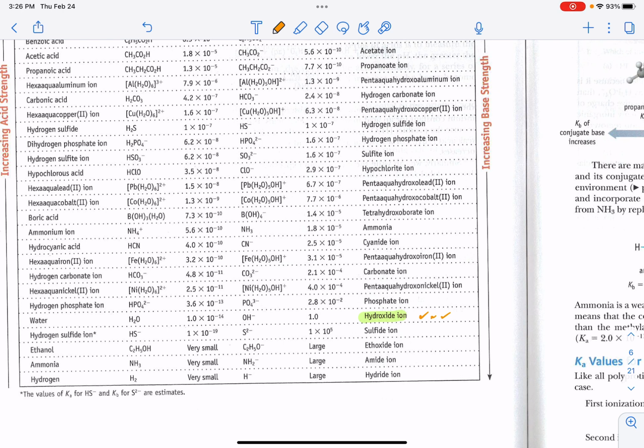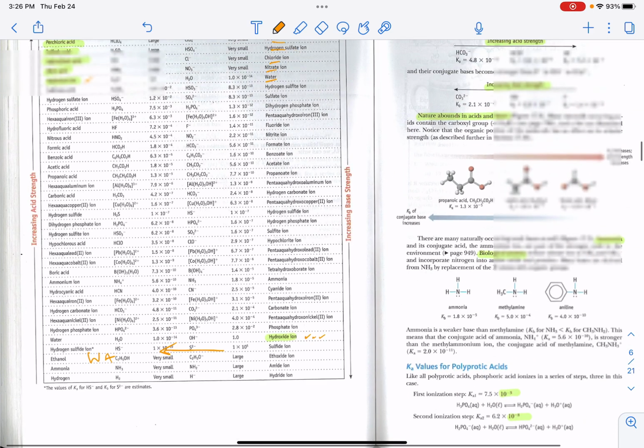Those would be the most common. These other strong bases, which are becoming weak acids, if we go that direction, those are pretty exotic, unusual.